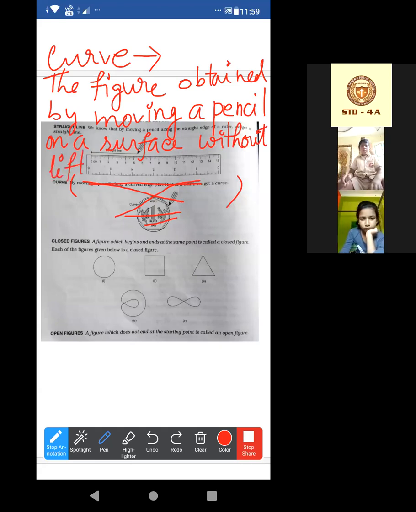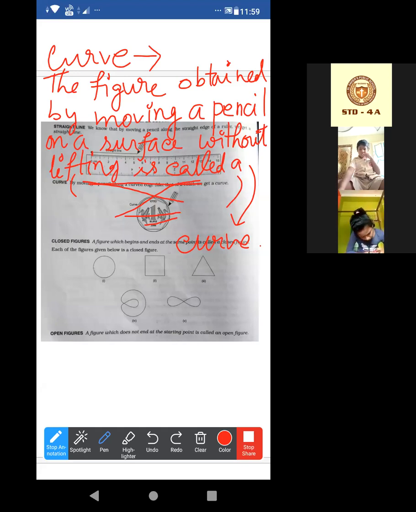That means what? Let me explain. At first, write this. Without lifting is known as or is called a curve. After that, write curve. Got it? The figure obtained by moving a pencil on a surface without lifting is called a curve. Okay.